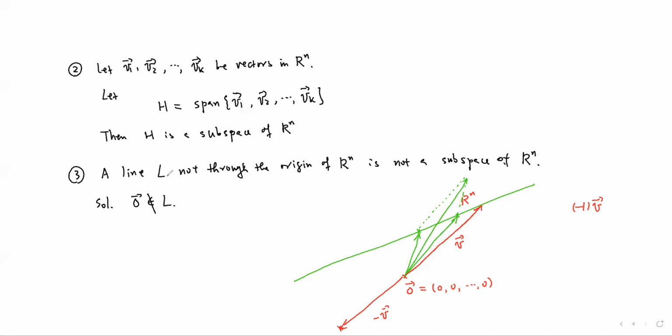So when a line does not pass through the origin, that line is not closed under vector addition and scalar multiplication. But we have 3 properties in the definition. When one of the properties is not satisfied, the set is not a subspace. This is example 3.